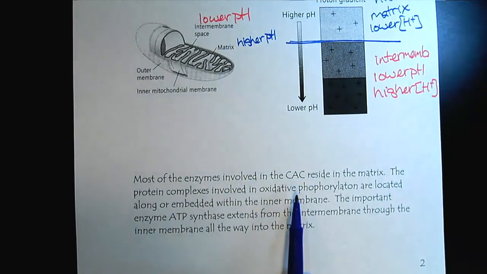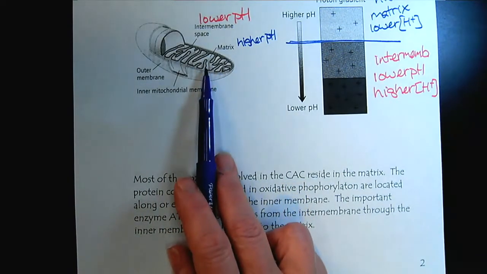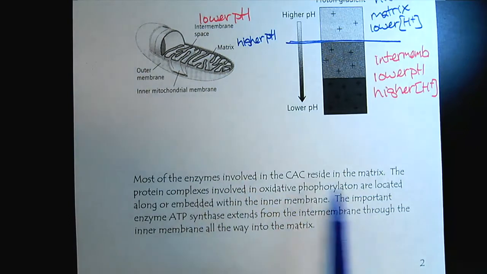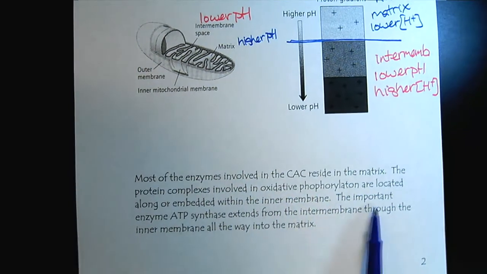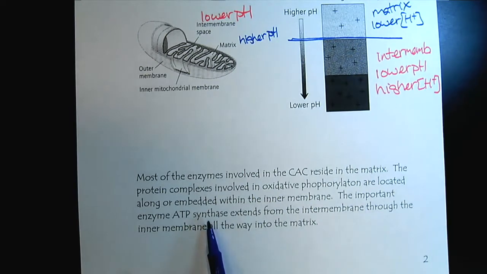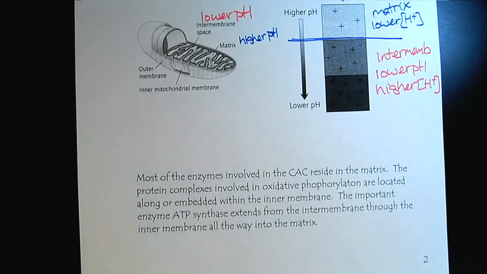For oxidative phosphorylation, we saw they're on the inner membrane. So the important enzyme ATP synthase extends from the intermembrane all the way into the matrix. And that was shown on the previous page.